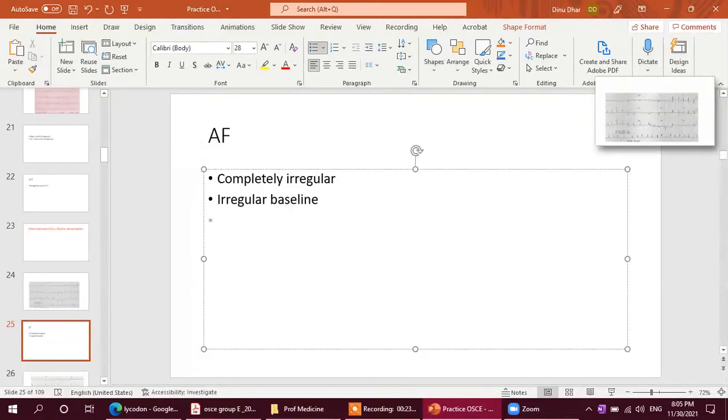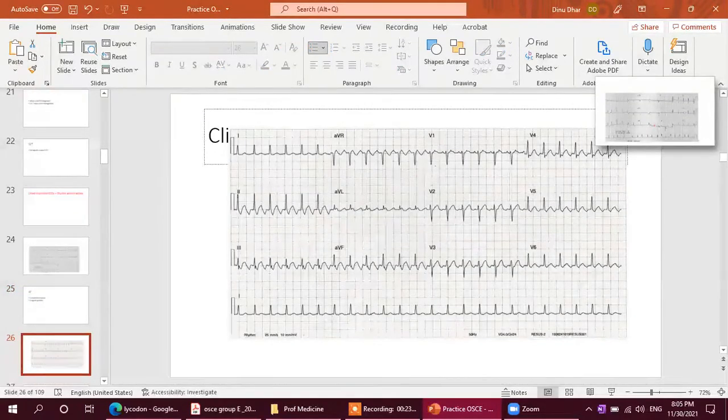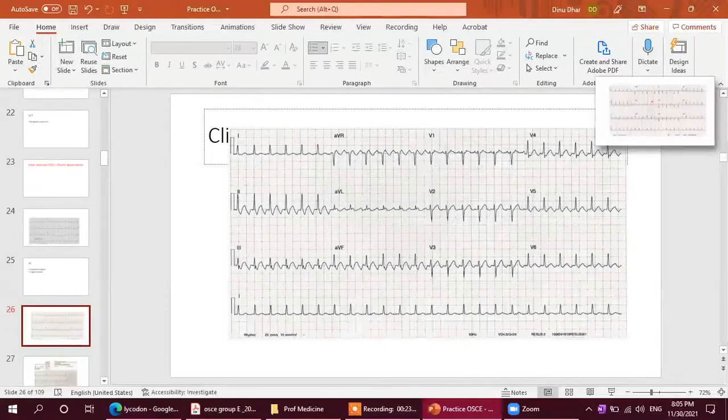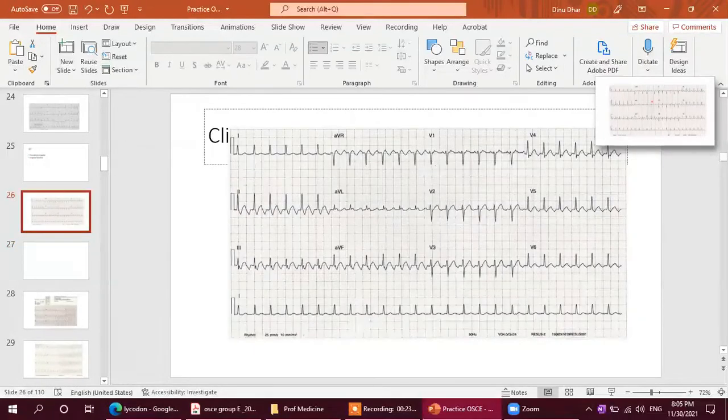Right. What do you think this one is? Now, this one again is a narrow complex tachyarrhythmia. But if you look at 2, 3 and AVF, you will see something very interesting, and that will help you to diagnose this. It is a narrow complex but regular tachyarrhythmia, and you can see something going on in 2, 3 and AVF, especially with the P waves.